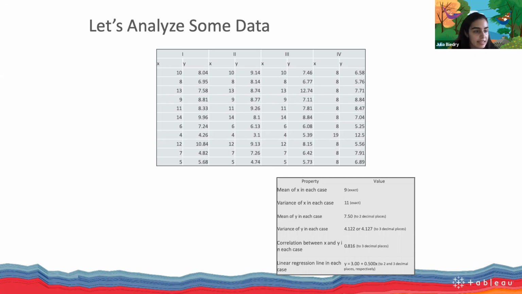So there are some statistics now at the bottom that can help us a little bit. We can look at means, variances when we're crunching numbers. We can look at correlation or do a linear regression. So it turns out that all these 4 data sets each have the same means, the same variances, the same XY correlations, and even have an identical linear regression. However, when we look at this visually, we're going to see a different picture.